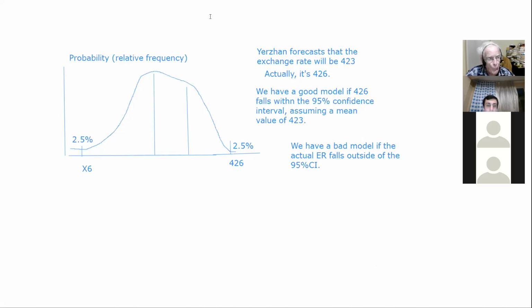Okay, so now just one more thing to note. Given a normal distribution, the confidence interval is equal to the range, in this case 4/23, minus 2 times the standard error of the forecast.